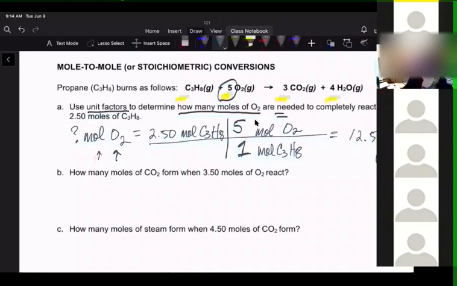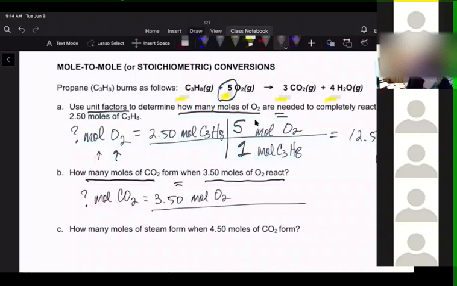So we'll do the same thing for these other ones. Go ahead and get some practice here. Writing the question: How many moles of CO2 can form when 3.50 moles of oxygen are used?